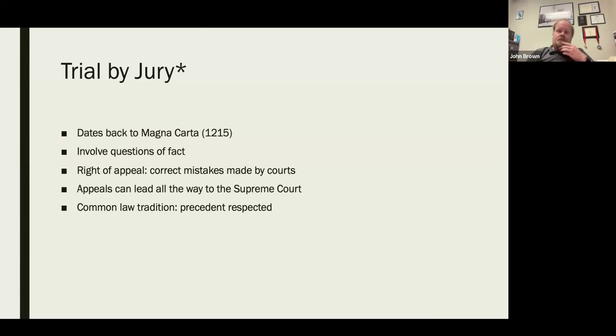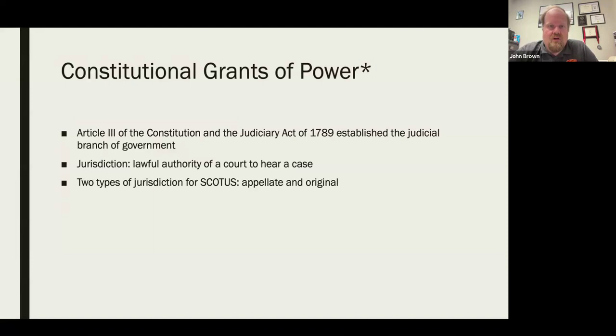If there is some procedure which was not followed and it could have affected the verdict in the case, then they may agree to hear a full appeal, and they may vacate the conviction, at which point the prosecution can bring the charges again or not, depending on what they do. So, and these appeals can go as high as the Supreme Court, though generally only a very few of them actually make it that far, which we'll talk about.